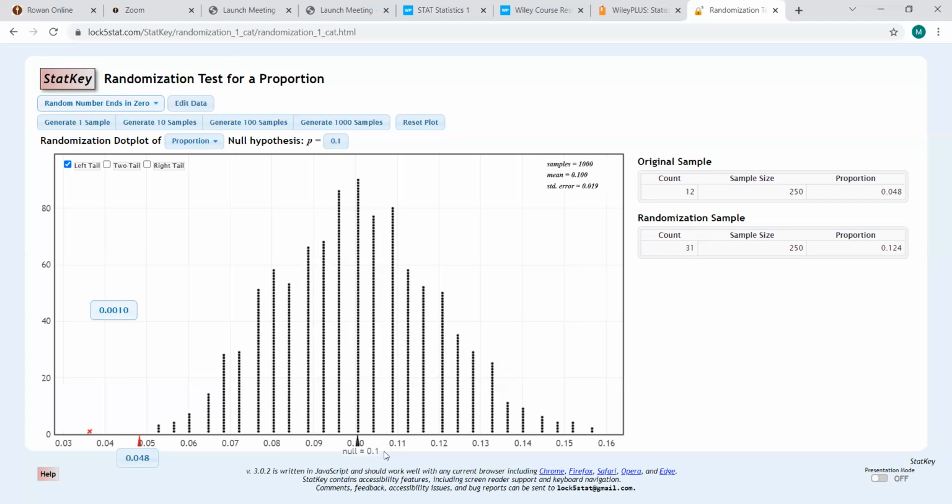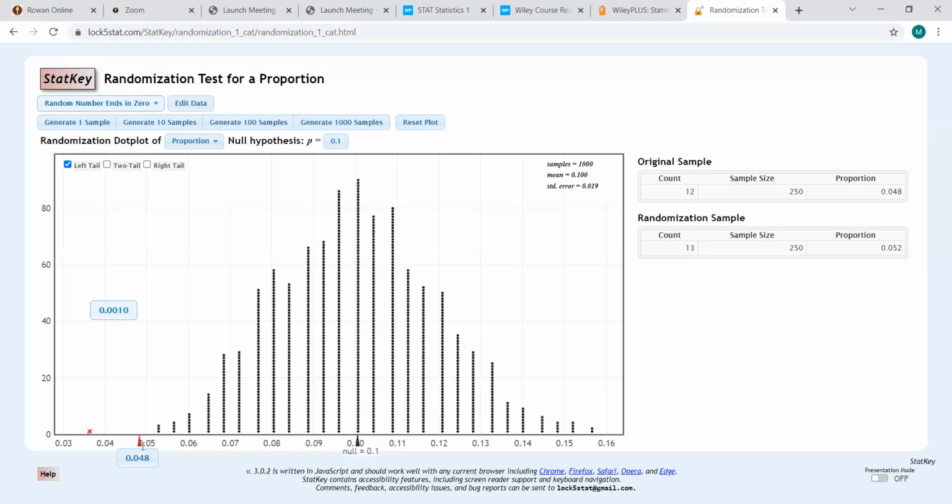Okay, so the null hypothesis is that we expect 10% of the 4-digit numbers to have 0 at the end, and we're actually getting 4.8%. The probability of getting 4.8% as a sample due to sampling variability is only a 1 out of 1,000 chance.